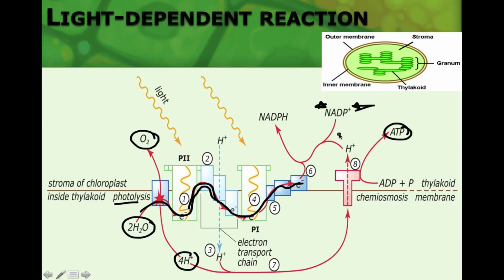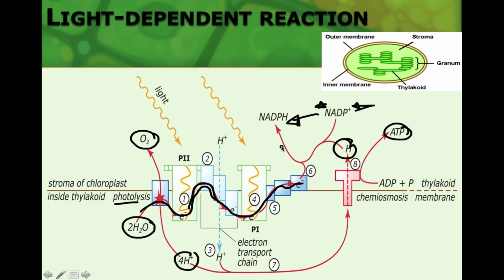When NADP+ picks up these two electrons and a hydrogen ion, that's when it becomes NADPH. So the NADP+ will pick up these two electrons, and when it picks up this hydrogen ion, that's when it forms this NADPH. So this molecule stores the energy for later use.